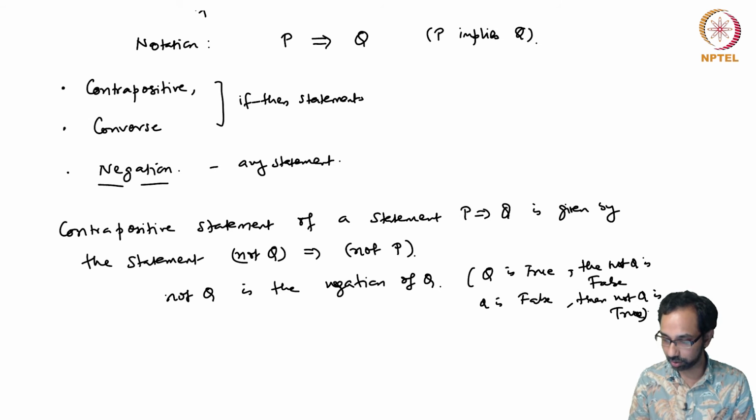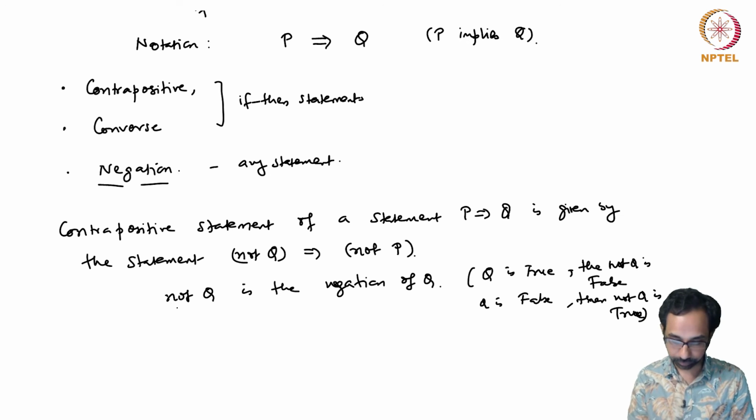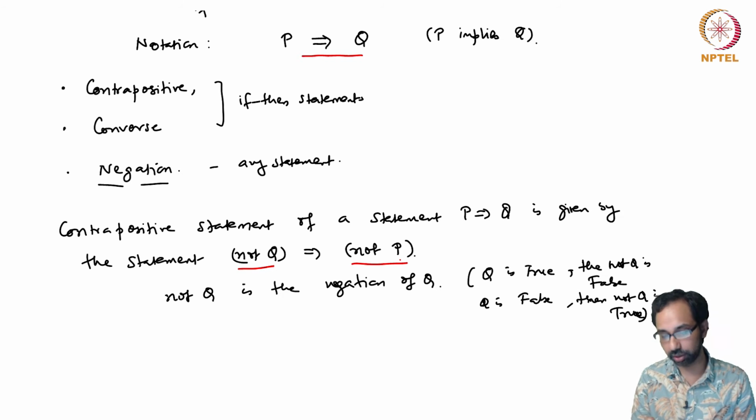So it's just the logical opposite of the statement Q. Similarly, not P is the logical opposite of the statement P, and the negation just means this logical opposite statement. And the contrapositive of the statement P implies Q is this statement not Q implies not P.